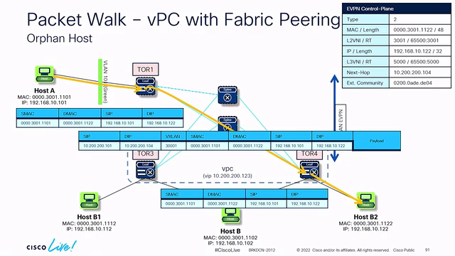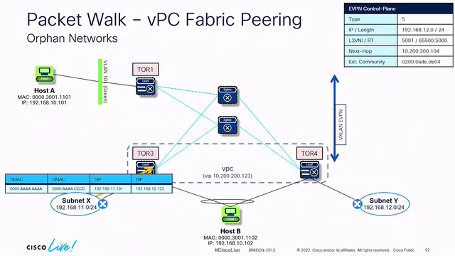If we do have router traffic, I'm having two subnets, subnet X and subnet Y. So subnet Y is advertised with a type 5 route with its own network address, layer 3 VNI, and then 104, which is the IP address of Tor 4, with the router MAC of this Tor 4.